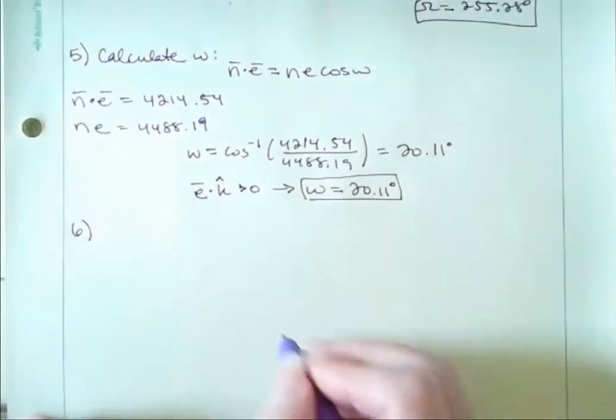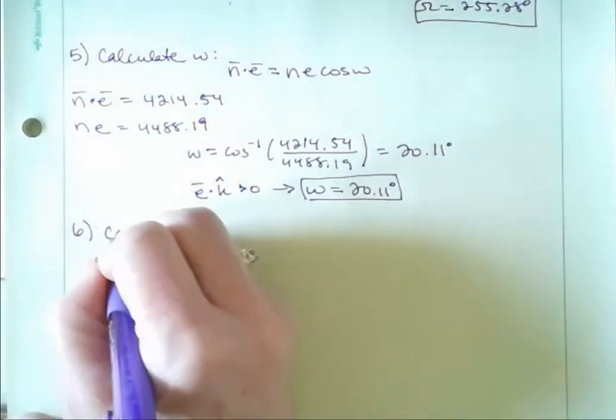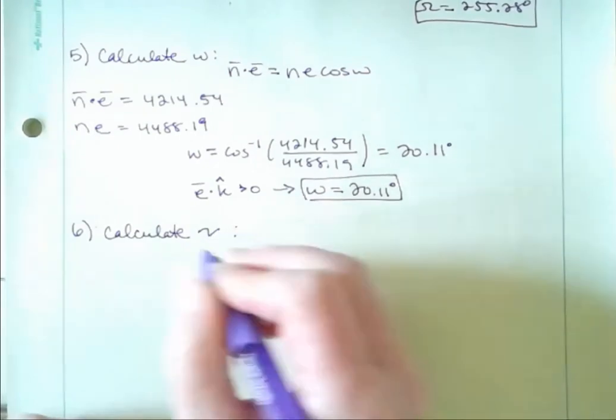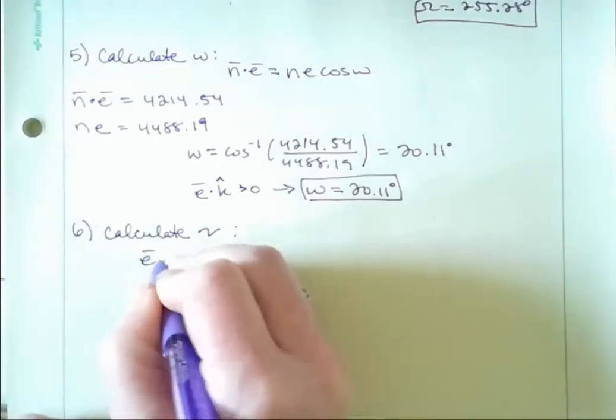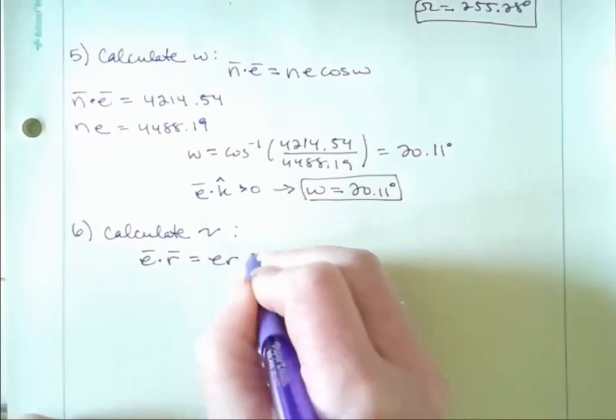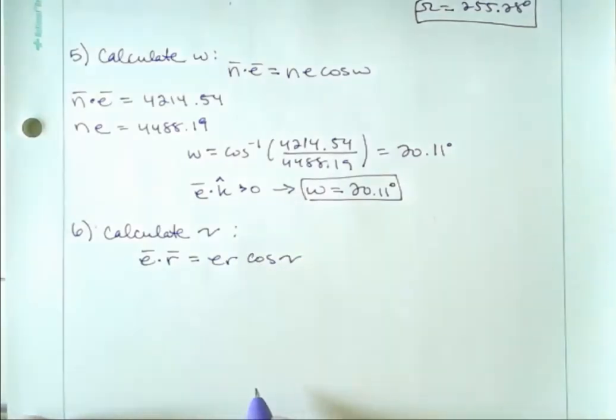And finally, last thing, we're going to calculate true anomaly. So we have E dotted with R, and that equals ER cosine nu.